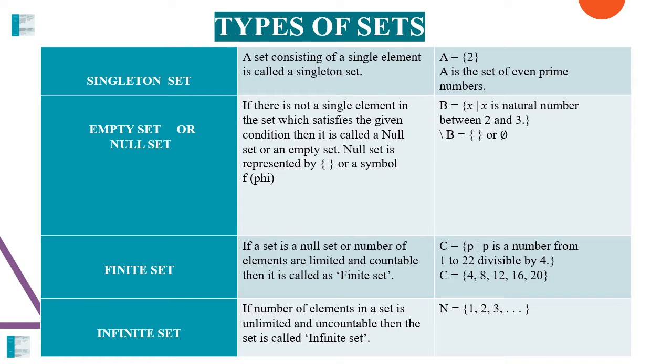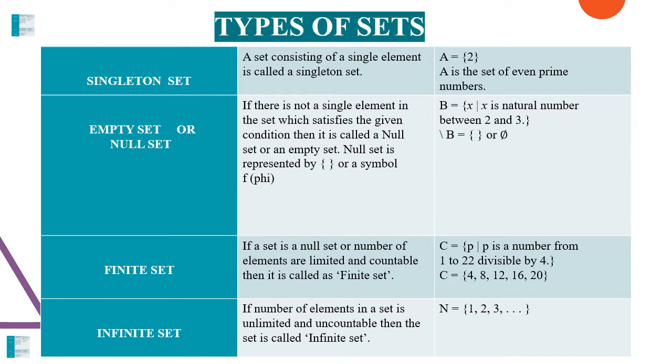Yes, the symbol is a phi symbol, or you can also write these two brackets with an empty space in between. Okay, so example, they have given B is equal to x such that x is a natural number between 2 and 3. Is there any natural number between 2 and 3? No. Therefore, my answer is an empty set.